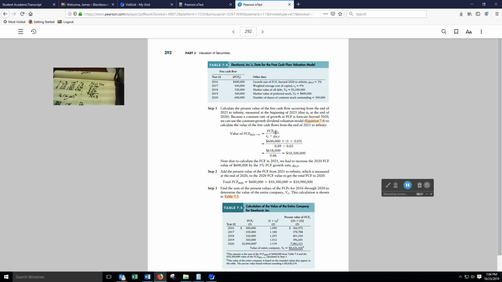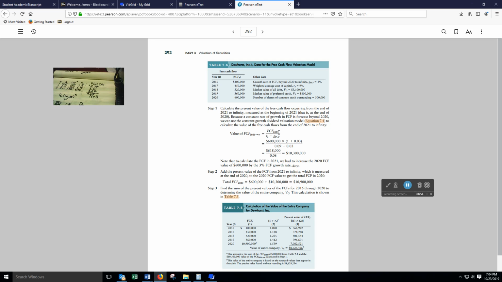So here they do it backward. Instead of calculating the present value of each one of these free cash flows, we start off in 2020 by calculating the present value of the future cash flows from 2021 on into infinity.